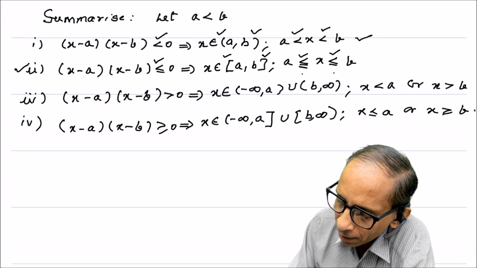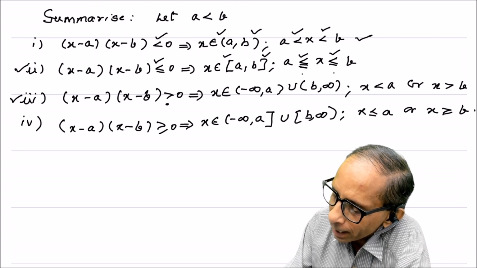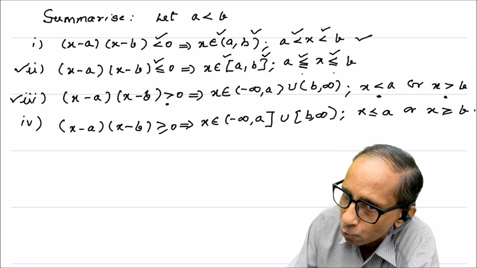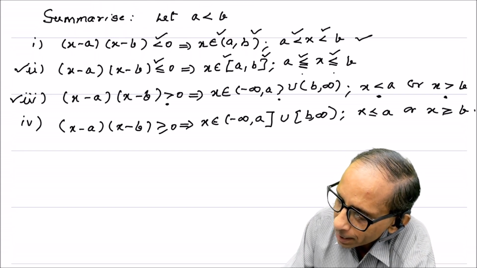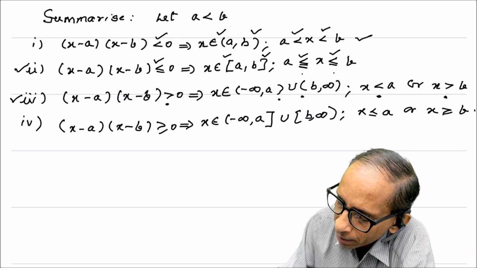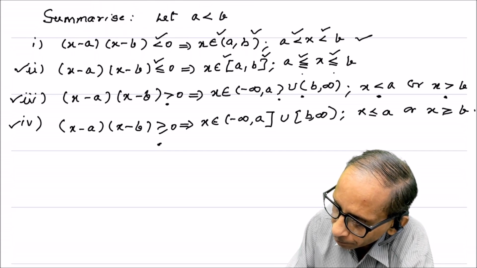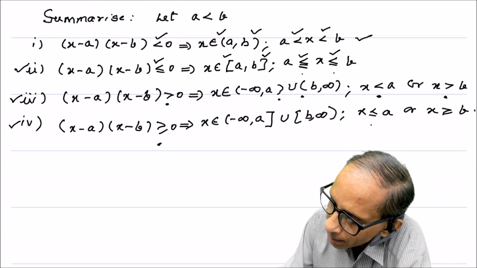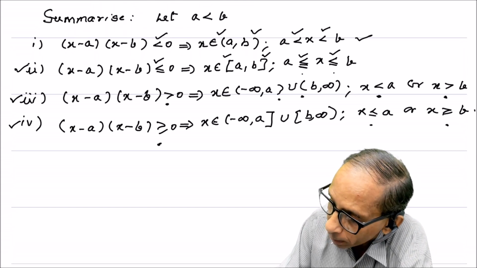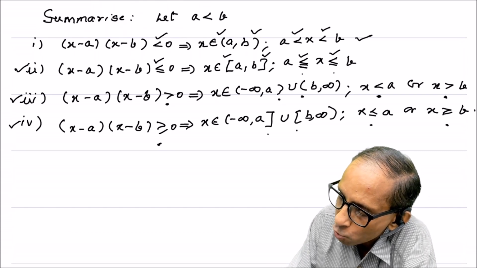If again in the third case we had a strict inequality like this, then in that case we had a strict inequality in the solution, and open brackets. And in case it was not a strict inequality, equality possibility was left open, like in the fourth case here, then less than or equal to, greater than or equal to, the equality option was kept open, and the solution, instead of having an open bracket, was having closed bracket.